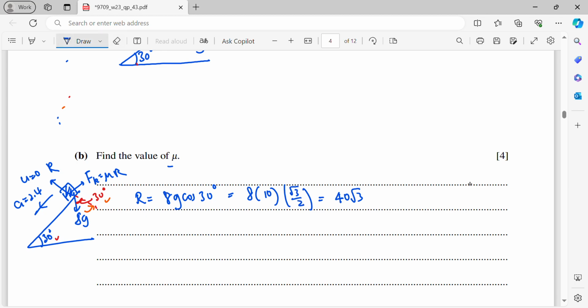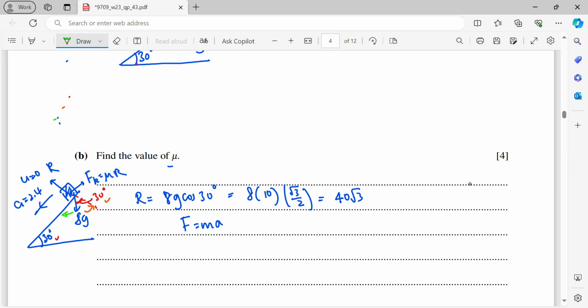Okay, so after this, to get mu, I know that this particle is moving down. So therefore, I will be using Newton's second law. So it will be mg. Now going down, that means I have to resolve parallel to the plane.